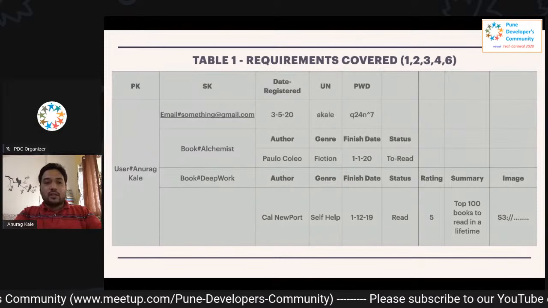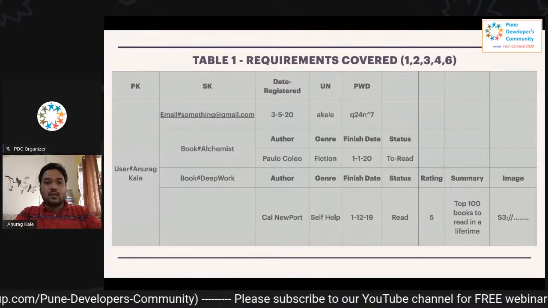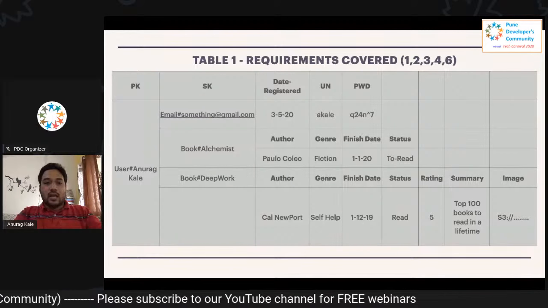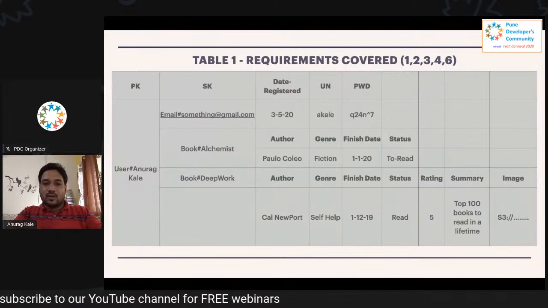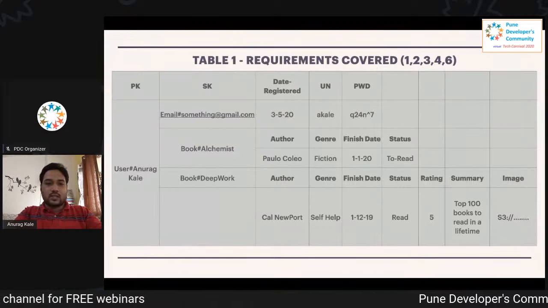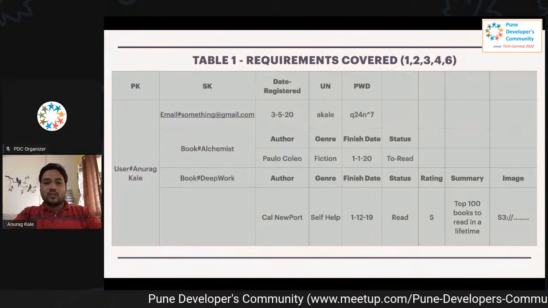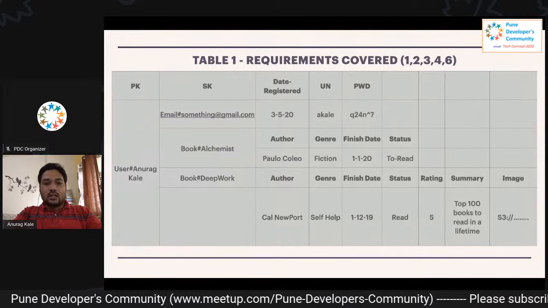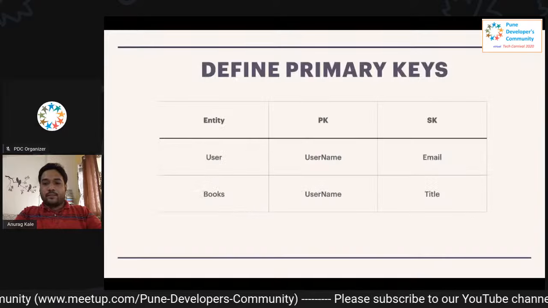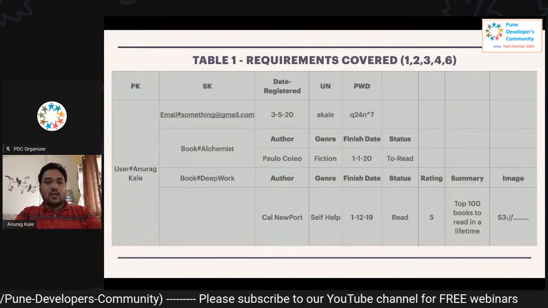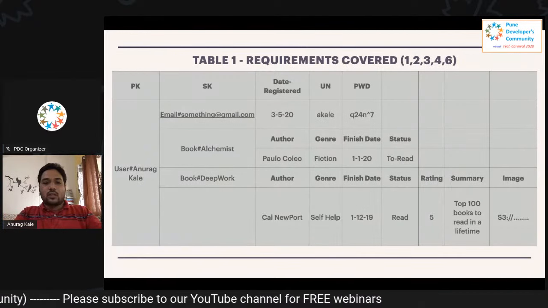For the first item, the sort key is email hash anuragkai@gmail.com, whatever the case. The second and third items are the titles of the books that I have read. The first book is Alchemist and the second book is Deep Work.